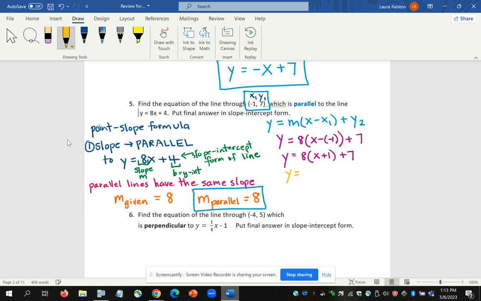So I have y equals 8 times x is 8x. 8 times +1 is +8 plus 7. So I have y equals 8x plus 15. So my answer, the equation of the line parallel to y equals 8x plus 4 and passes through -1, 7 is y equals 8x plus 15.